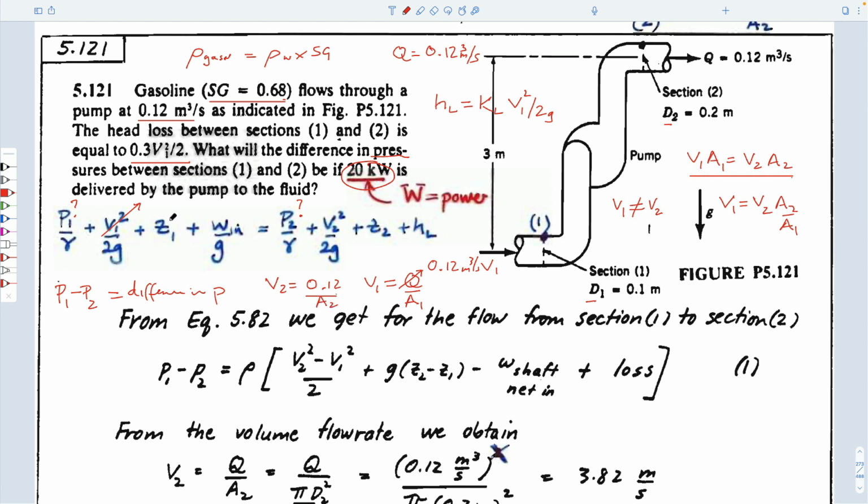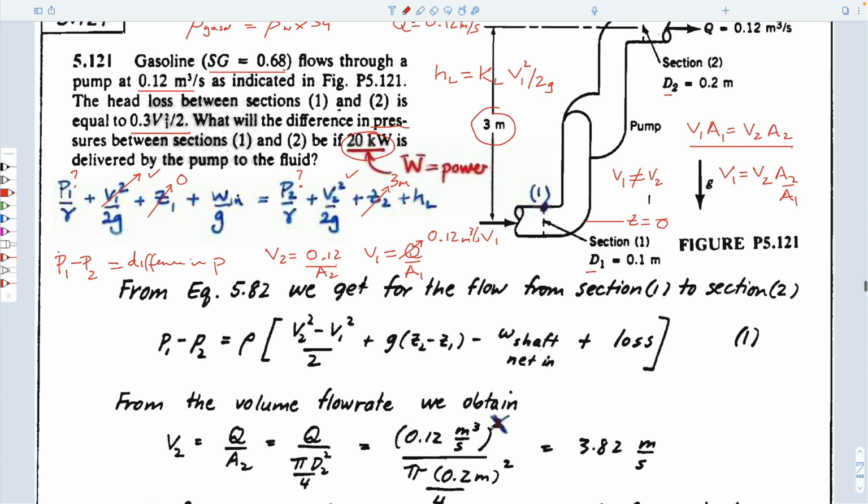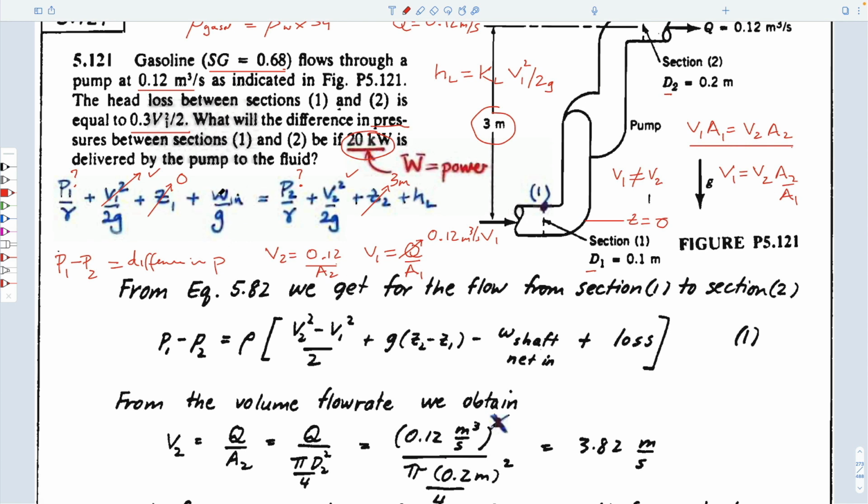So we know both V1 and V2. We know that Z1, if we write our datum here as Z equals 0, then we know this. And we also know that this is equal to 3 meters because of this.